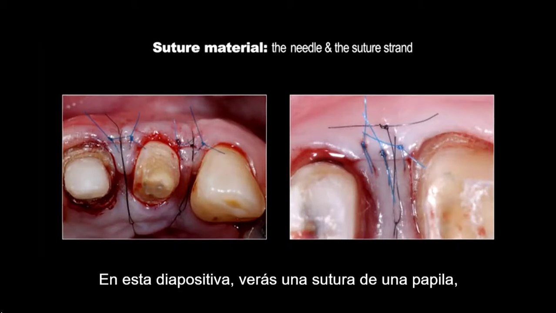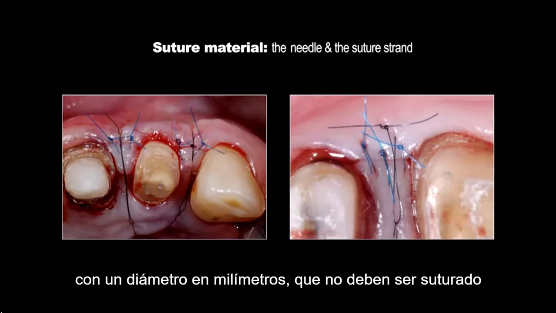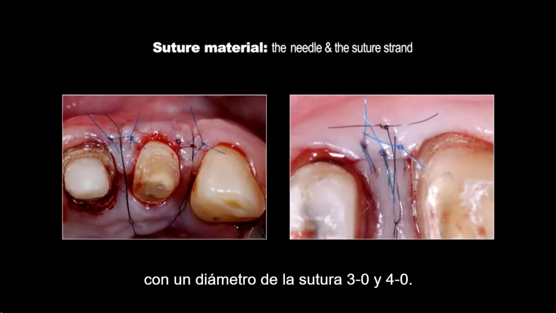On this slide you see a suture papilla, and you can imagine that a tissue with a diameter within millimeters should not be sutured with suture diameters of 3-0 and 4-0.